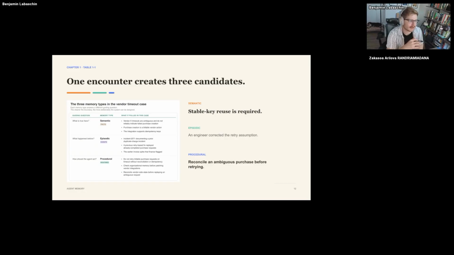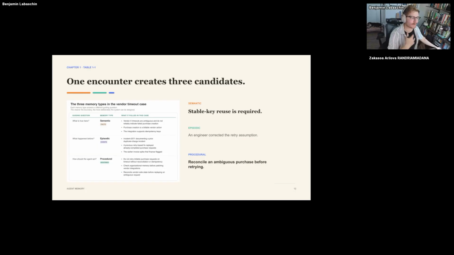Semantic is basically a fact. For instance, what the engineer just said about stable key reuse is required. That's a fact, so you would call that a semantic memory if you chose to keep it. Another way of articulating memory is episodic.